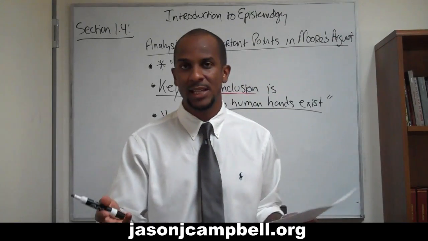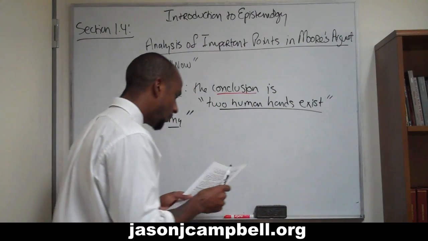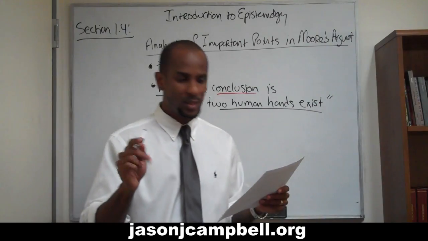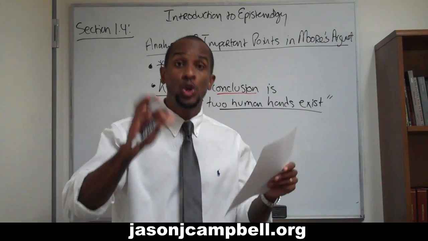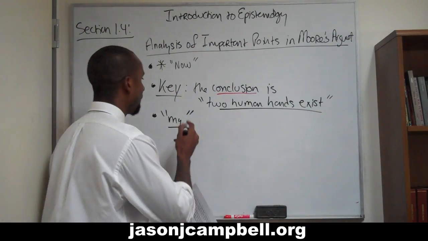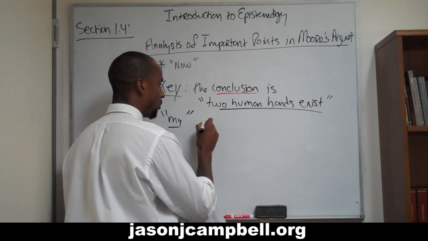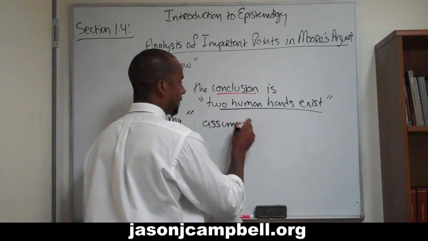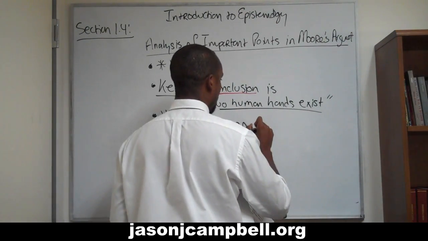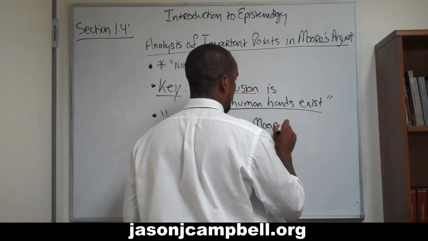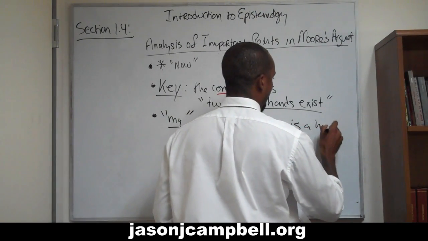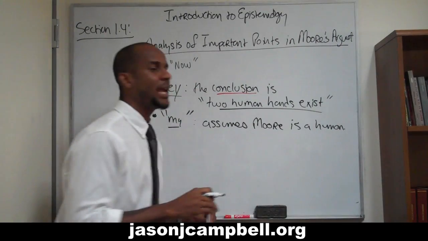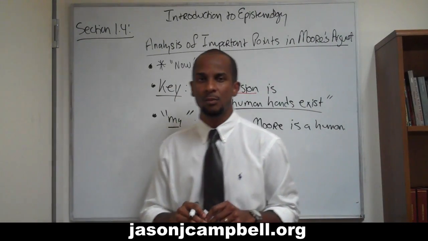The conclusion is not that humans have two hands, but that two human hands exist, right? My assumes Moore is a human.